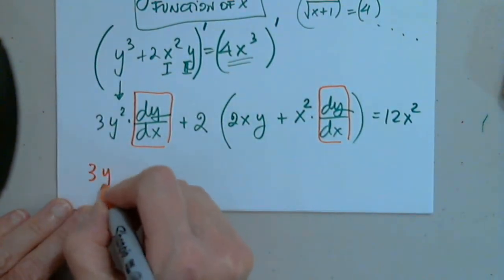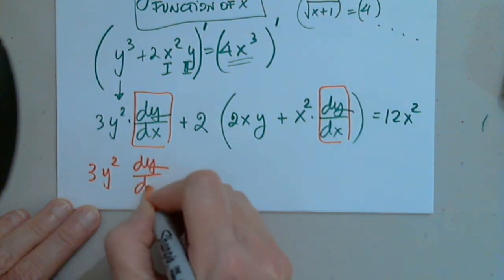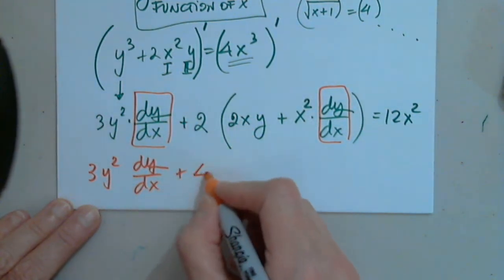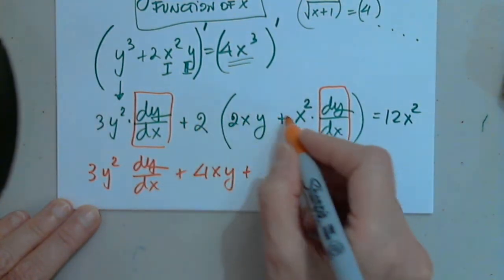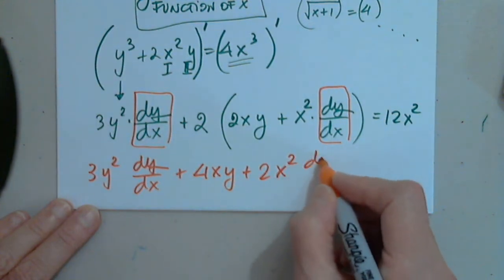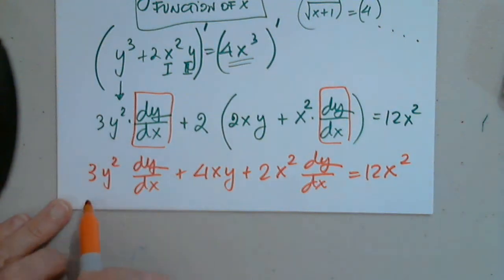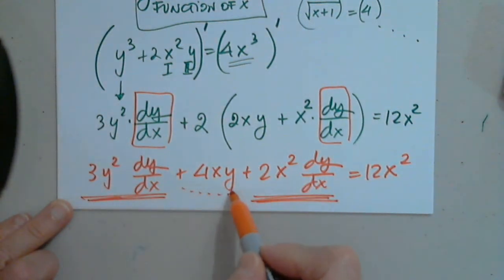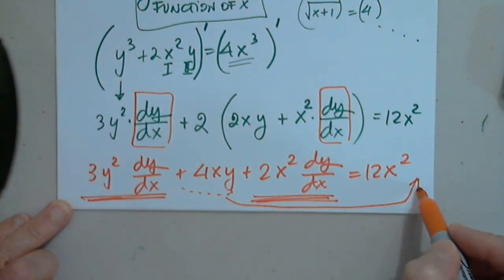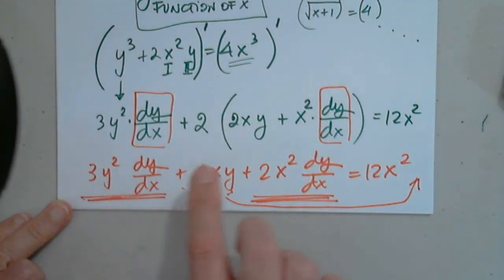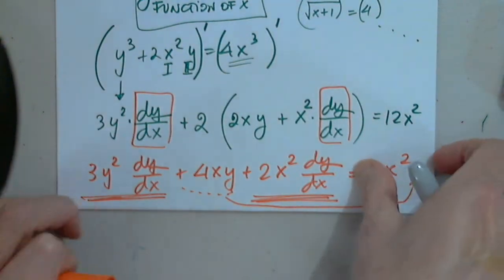So I have 3y squared dy over dx plus 4xy plus 2x squared dy over dx equals 12x squared. This term will stay. This term will stay. But this one will have to move to the other side because these 2 terms have the variable. This one does not. So we will move it to the other side.